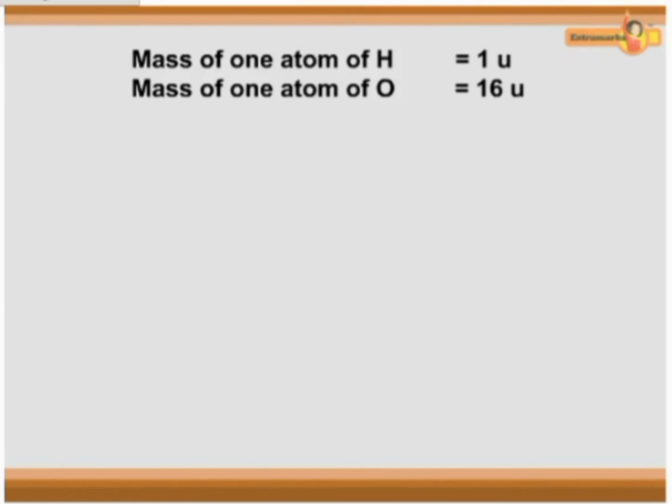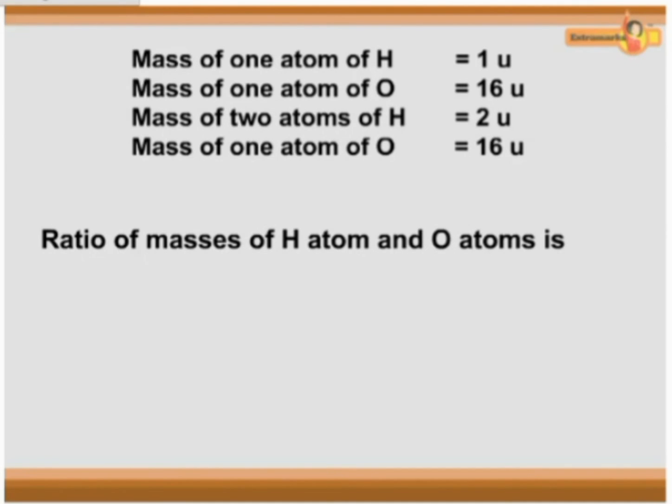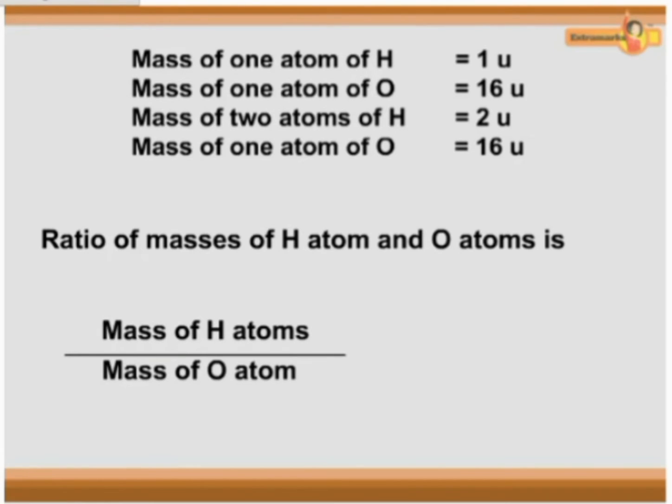The atomic mass of an atom of hydrogen is 1 U and that of an atom of oxygen is 16 U. So, the mass of two atoms of hydrogen is 2 U and the mass of one atom of oxygen is 16 U. The ratio of masses of hydrogen and oxygen is mass of hydrogen atoms upon mass of oxygen atom, that is equal to 2 upon 16, that is 1:8.